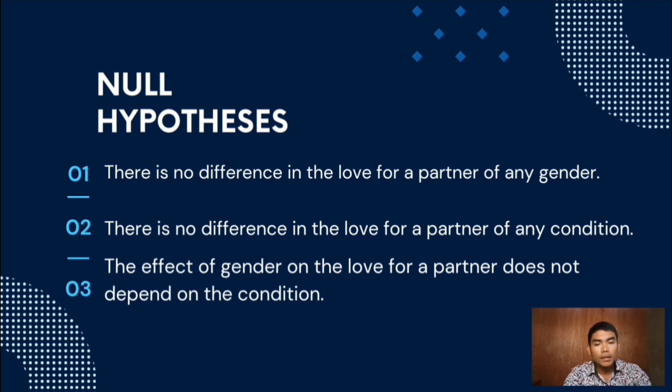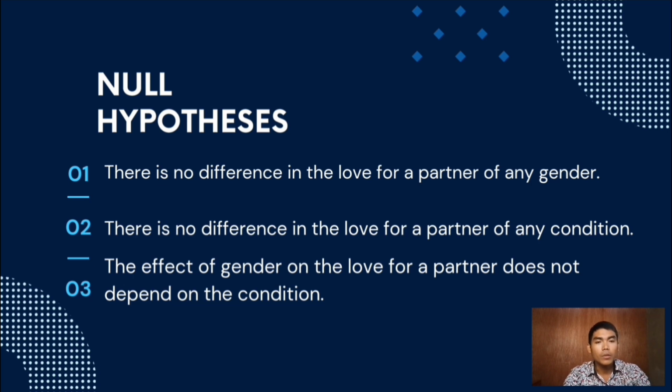Okay, then for the third null hypothesis, this is the interaction effect of the two independent variables. The effect of gender on the love for a partner does not depend on the condition.